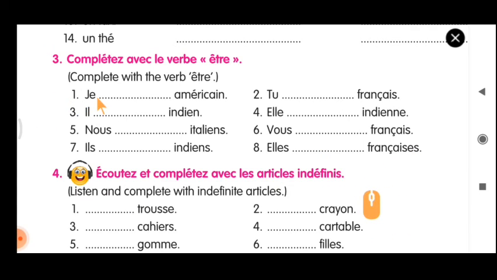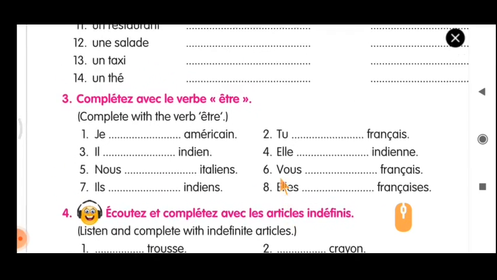So once again I will repeat the answers. You can check. Je suis américain. Tu es français. Il est indien. Elle est indienne. Nous sommes italiens. Vous êtes français. Ils sont indiens. Elles sont françaises.